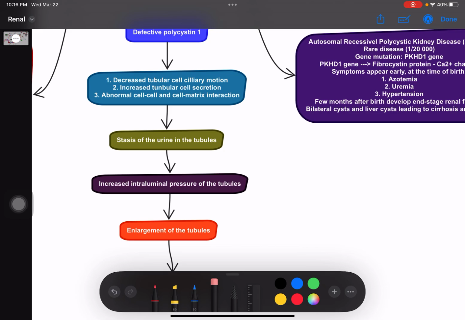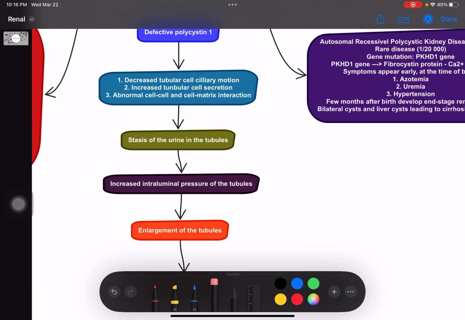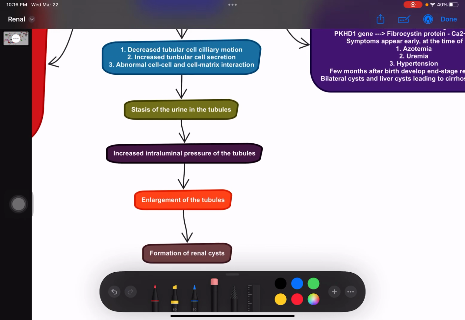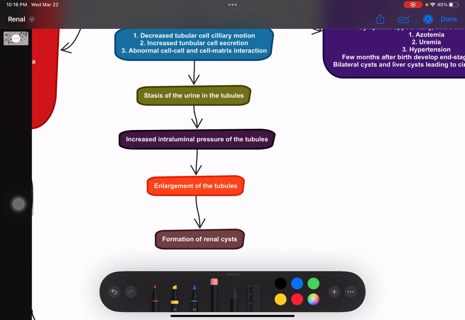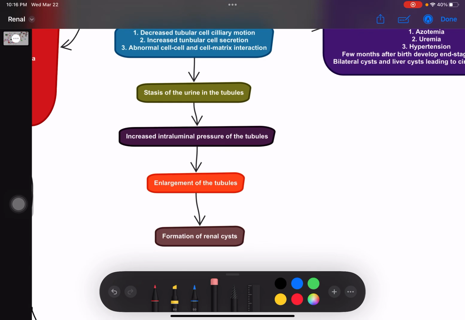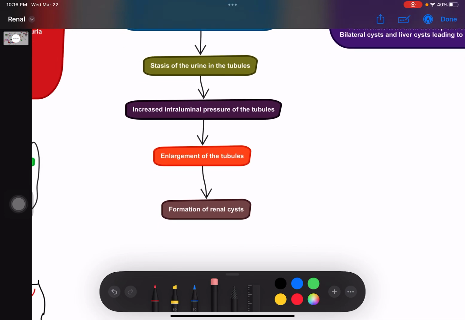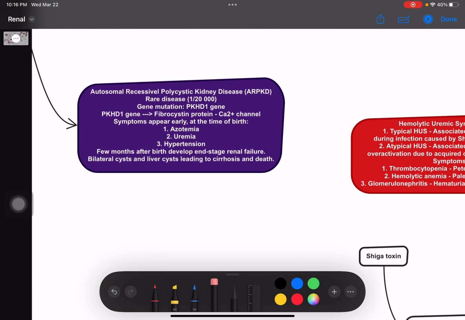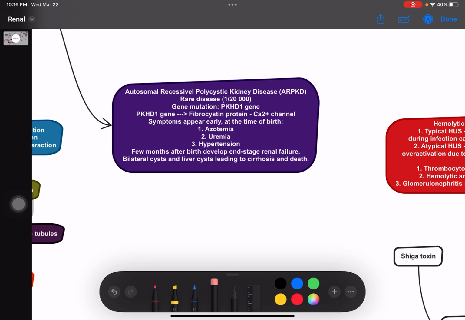So this will cause the stasis of urine in the tubules. So if the urine is not flowing as it should be, there's a high risk of getting infections, ascending infection. It will cause increased intraluminal pressure of the tubules, enlargement of the tubules, and formation of renal stones. So intraluminal pressure will decrease the GFR, filtration will be decreased because of this.